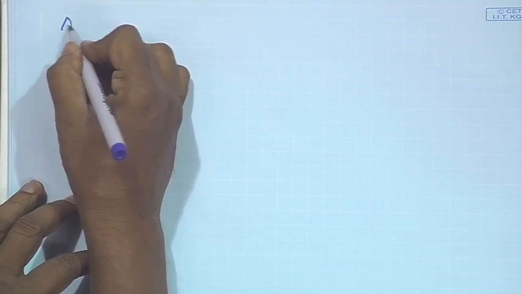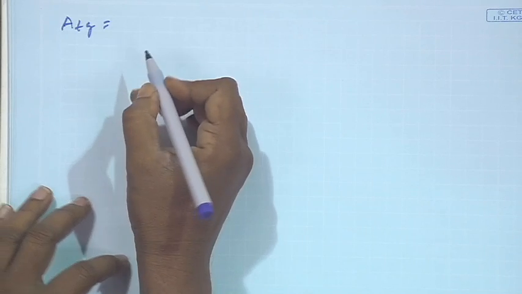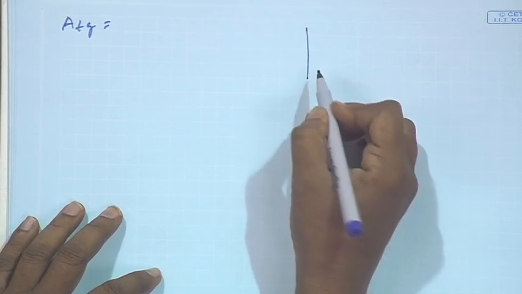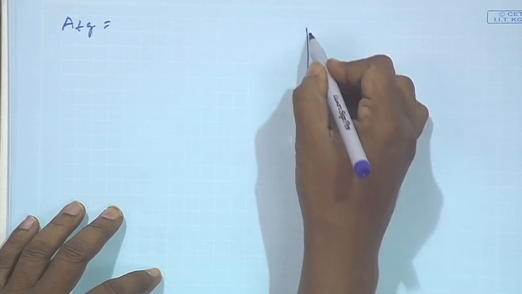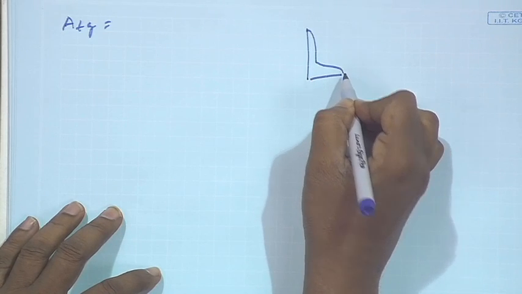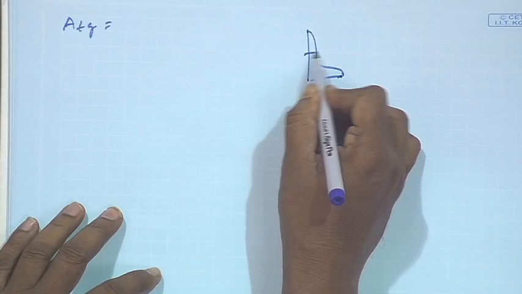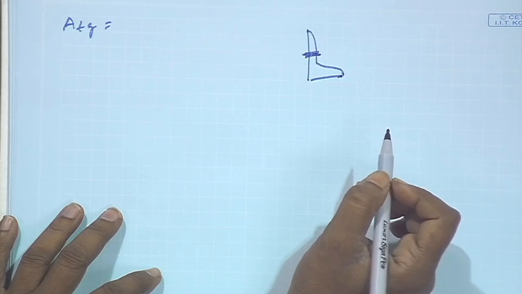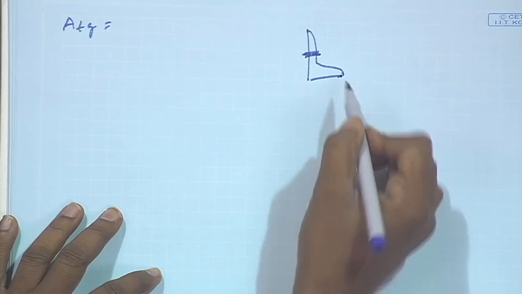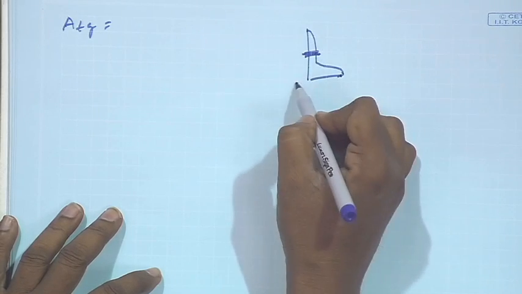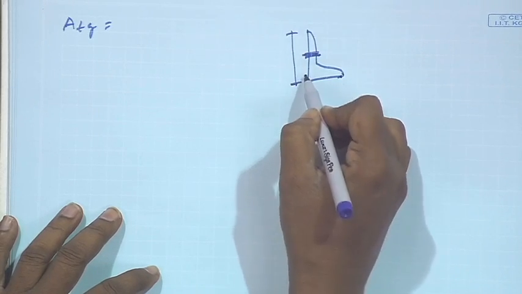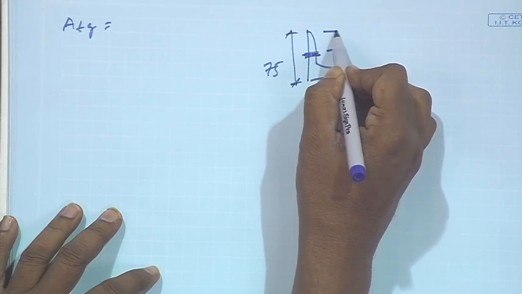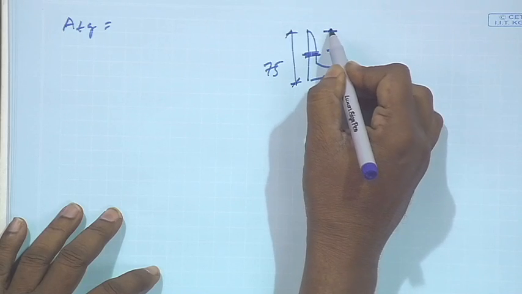Now, coming to ATG value, if we see that, if the section is like this and bolt is provided in this way, then ATG value will be this is 75, this 75 and this is 35, right.